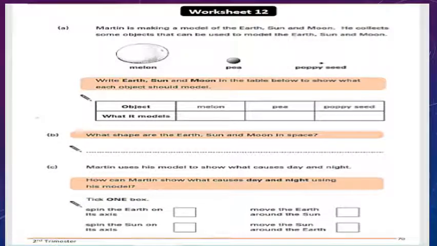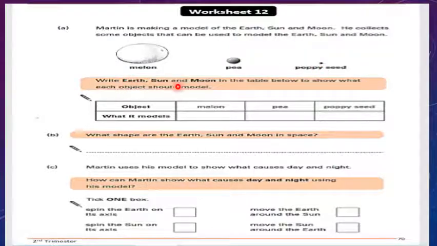So now let's do page 70. It says Martin is making a model of the Earth, Sun, and Moon. He collects some objects that can be used to model the Earth, Sun, and Moon. So he collected what? He brought a melon, a pea, and a poppy seed.